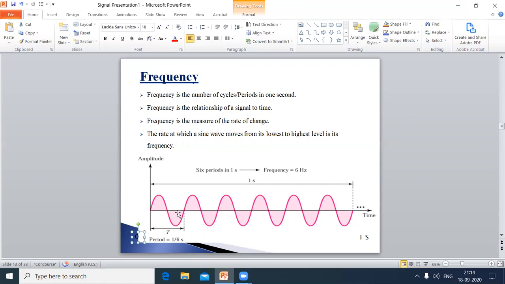First cycle, second cycle, third, fourth, fifth, sixth. There are 6 periods or cycles in 1 second, and that is called frequency. That means 6 hertz. Are you understanding this example? This is a very simple example.